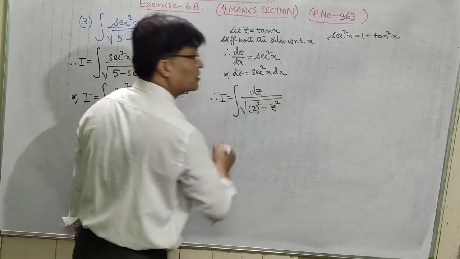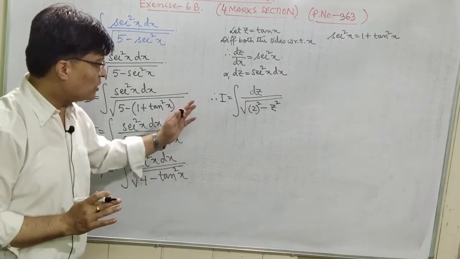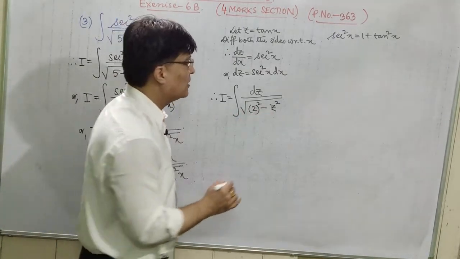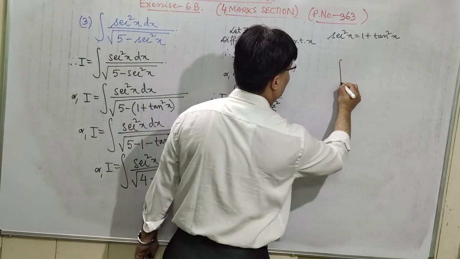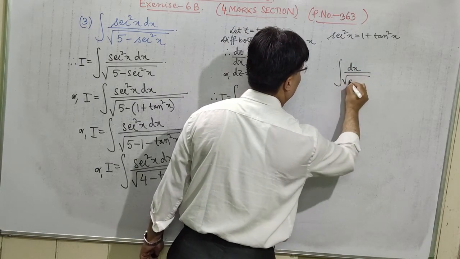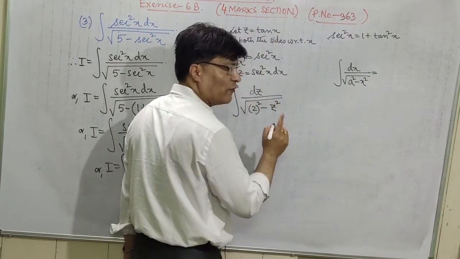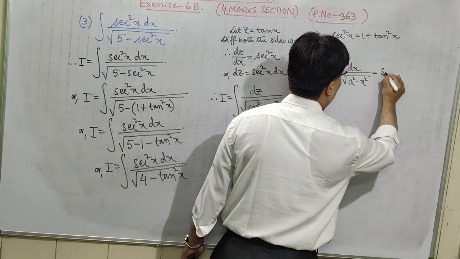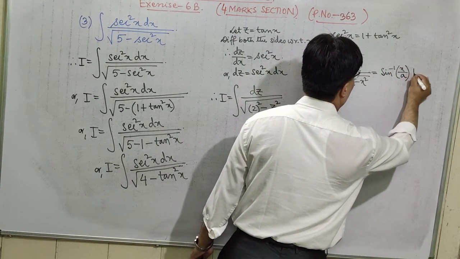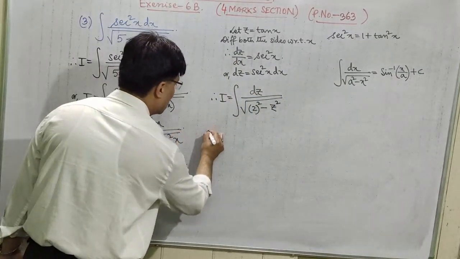So I think you have understood it. So which formula is used here? Here a is 2 and x is z. So we can use the 6th standard form here again. That is integration of dx divided by root a square minus x square is equal to, what is the formula that you can use here? It is sine inverse x upon a plus c. So we can use the formula in this case.